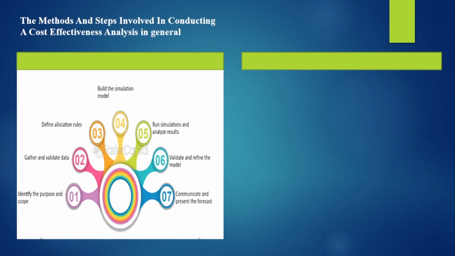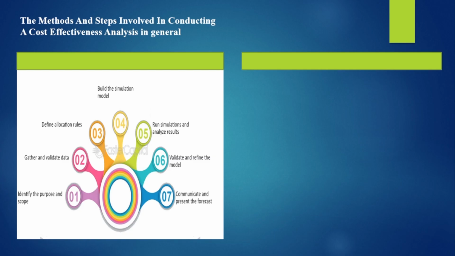There are many methods and steps involved in conducting a cost effectiveness analysis in general. First of all, identify the purpose and scope. Purpose and scope are very important when we talk about the methods and steps involved in conducting a cost effectiveness analysis.